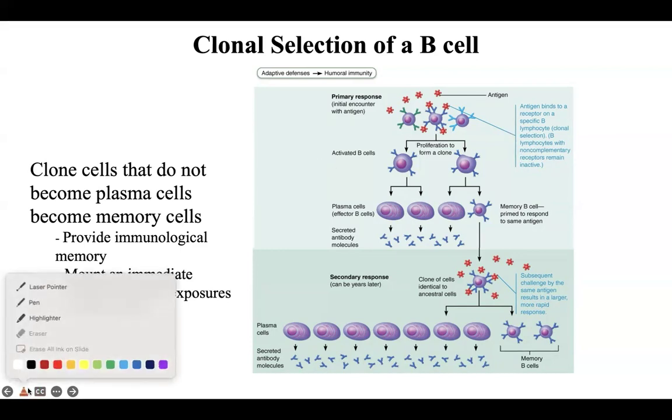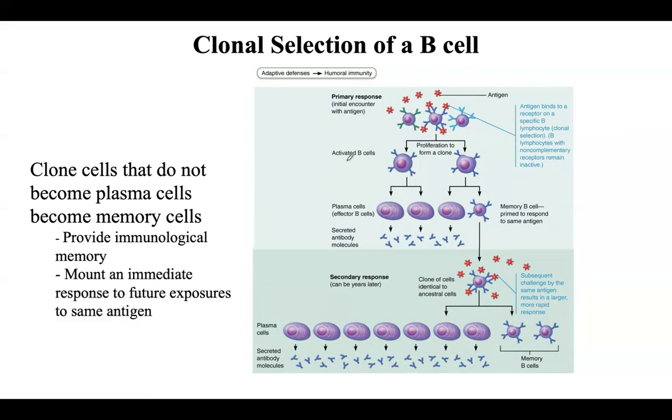Once they are activated, they will start proliferating to form a clone. A clone is simply a copy. Now, once they make a copy, what happens to this clone? These clones actually make two kinds of cells. One of them will make a memory B cell, and the other will become a plasma cell or effector B cell.